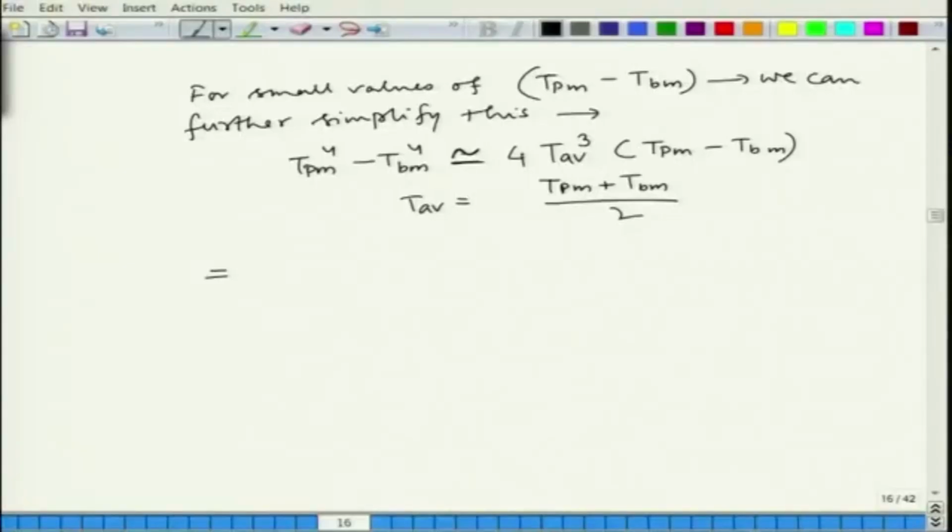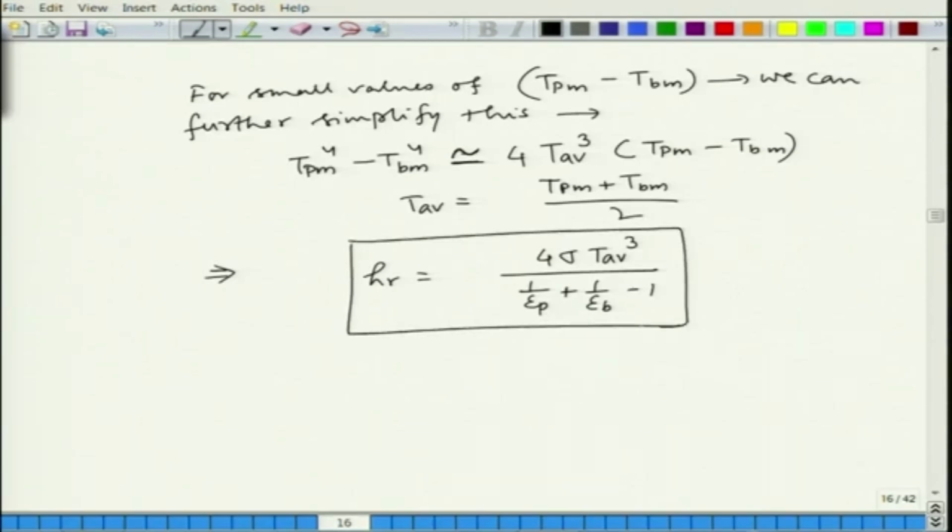So, if we substitute that, then this equivalent radiative heat transfer coefficient takes the following form, which is much more compact compared to the earlier one, for small values of T Pm minus T Bm. Okay. So, this is the equivalent radiative heat transfer coefficient.